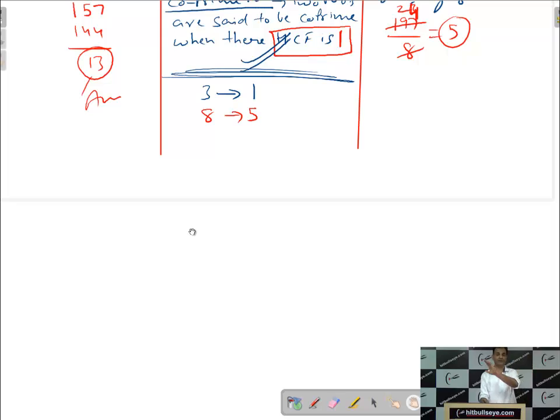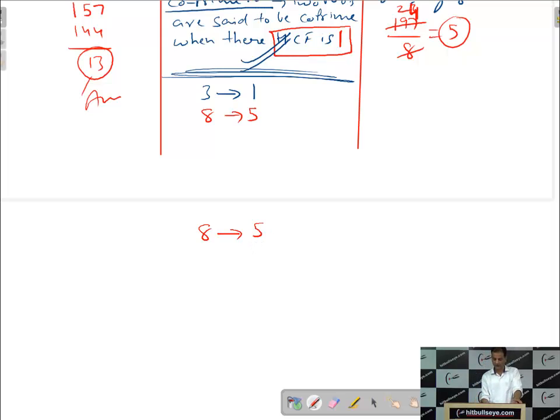I am not going into the algebraic terms, students. If I explain this question by algebra, it is very difficult to understand. So we will write a small number, like 5. When we divide it by 8, the remainder is 5. Now we check the number when divided by 3: 5 divided by 3, remainder is 1.